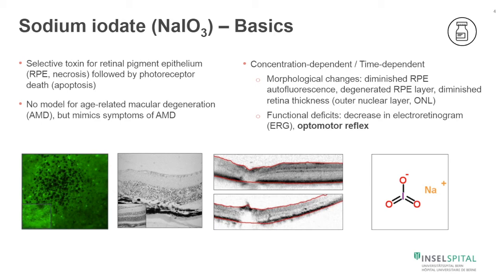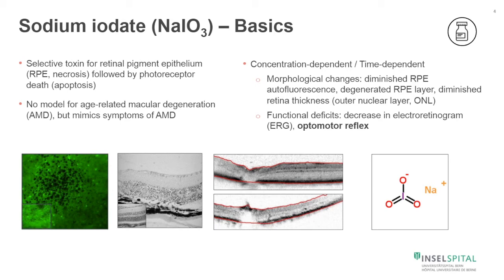That degenerated RPE layer is also seen in the H&E overview image in the center, where you can see a destroyed RPE monolayer and also diminished retinal thickness in the OCT, the optical coherence tomography images to the right.